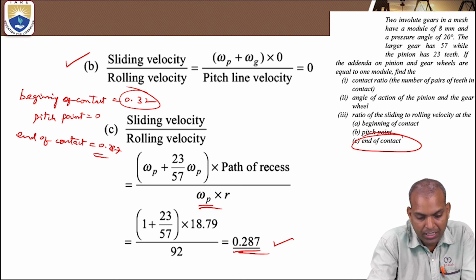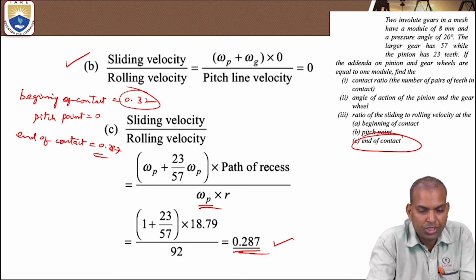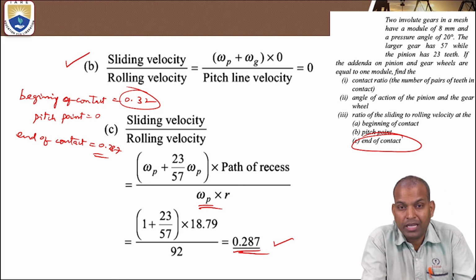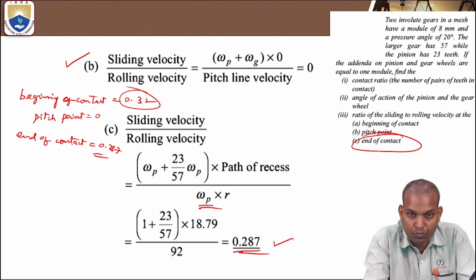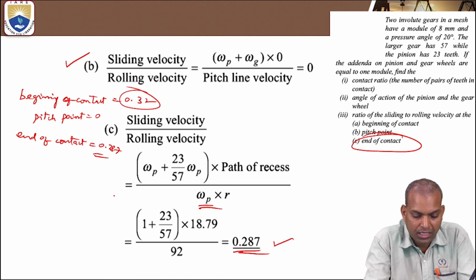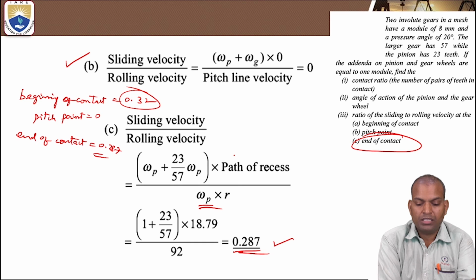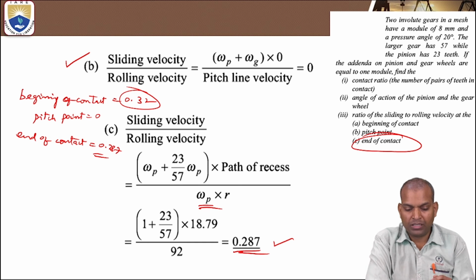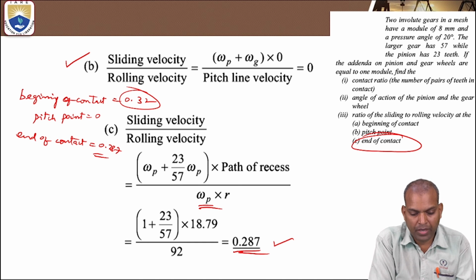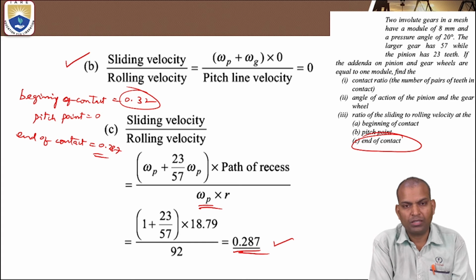Why is the sliding velocity to rolling velocity ratio high at the beginning of contact? Because the contact length of the path of approach is more than the path of recess. That's why the sliding to rolling velocity is dependent upon path of approach and path of recess. So the path of approach value is more than the path of recess.